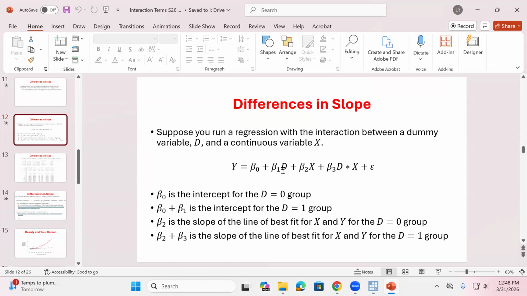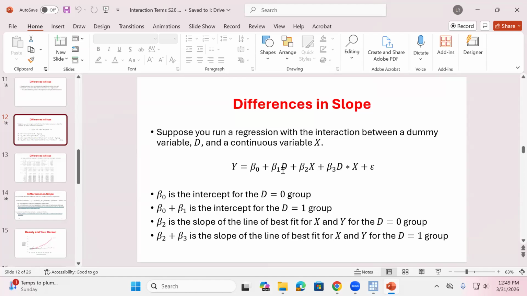And then the estimate of beta 3, well, if I take a derivative here, I'm still left with that dummy variable, right? So my marginal effect of the continuous variable, like the marginal effect of beauty across males and females, really we're going to have two different marginal effects, one for the 0 group and one for the 1 group, right? For the 0 group, this dummy variable will be 0.